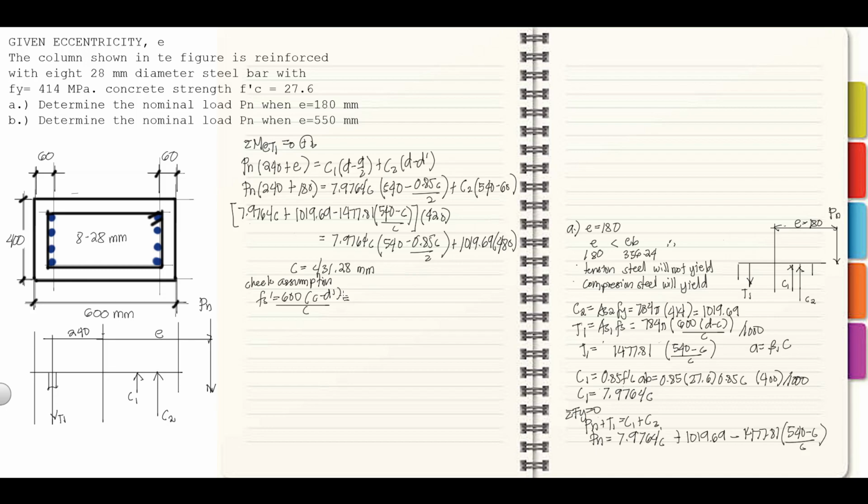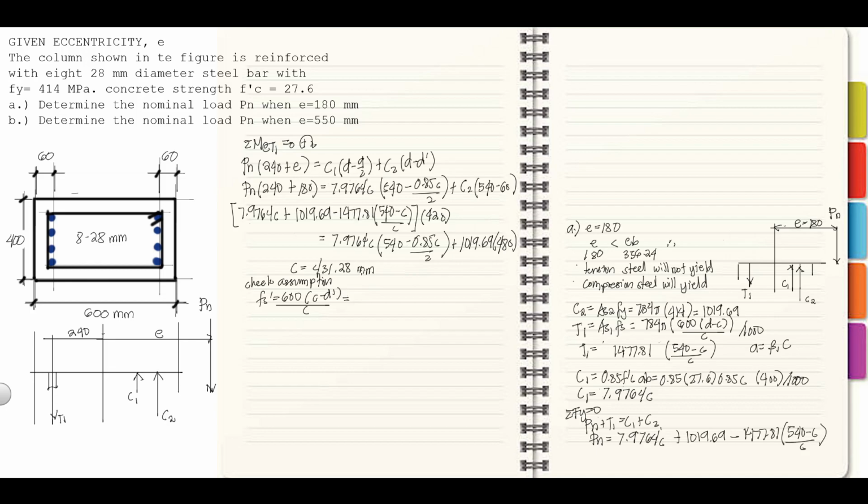Yung sa tension steel, automatic na yan, no? Na hindi yan mag-yield. Alright? Ito lang i-check natin yung compression steel kung nag-yield talaga siya. So, ang C natin is 431.28 minus D prime 60 divided by C.